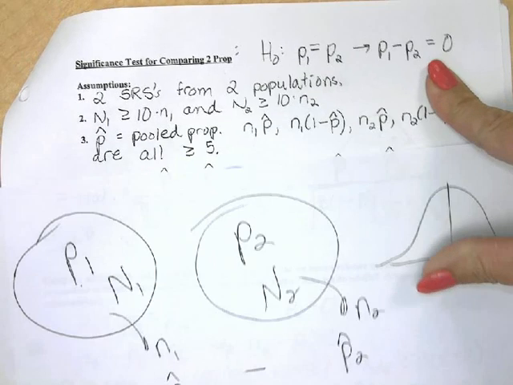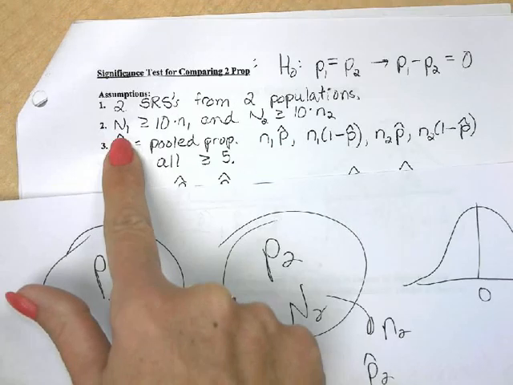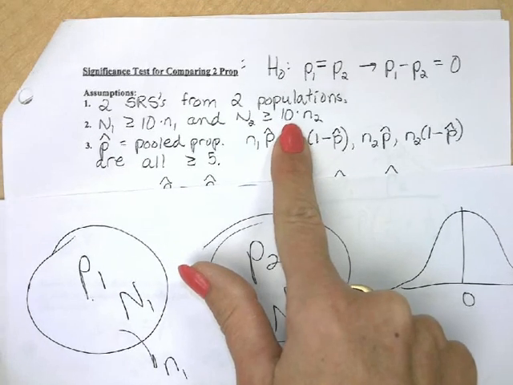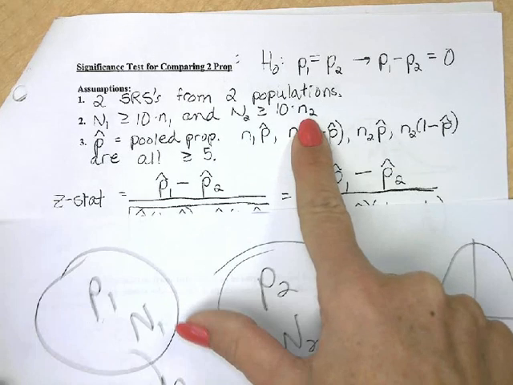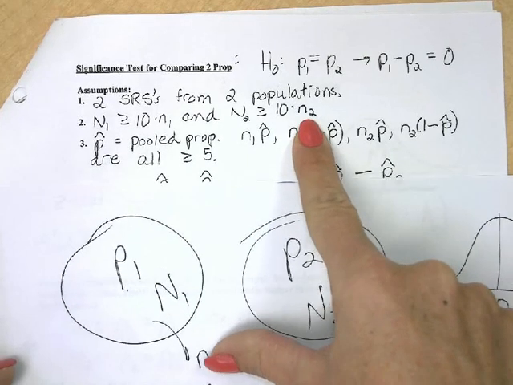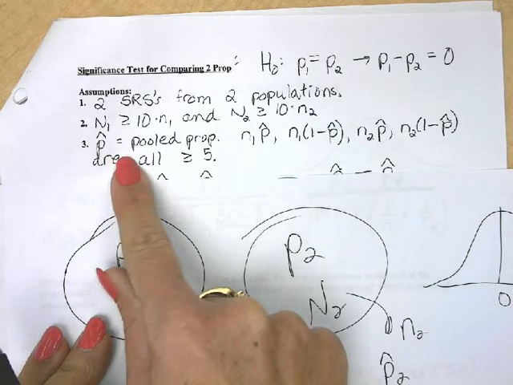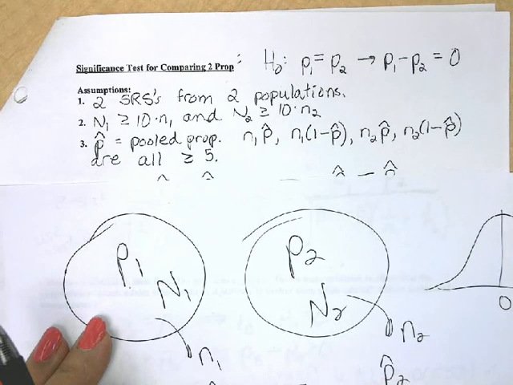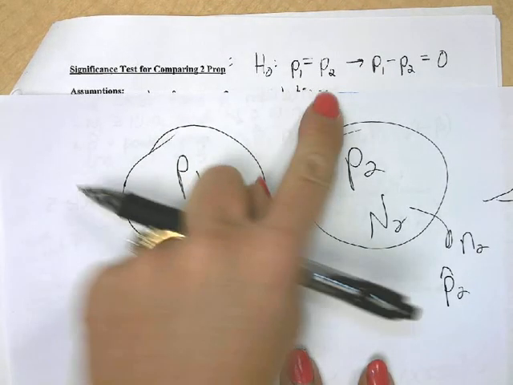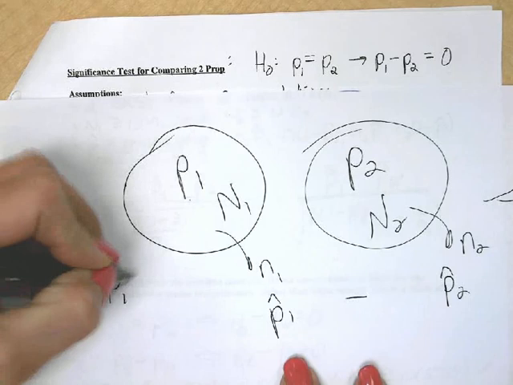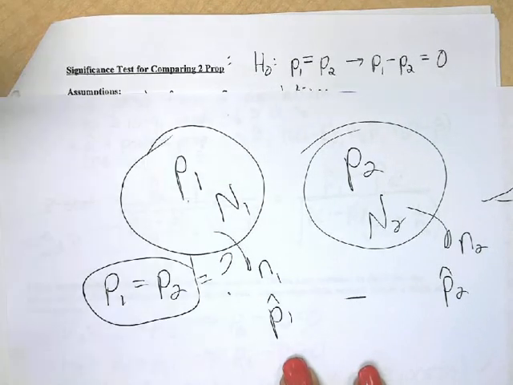Likewise, we would like to have two simple random samples from the two populations. Number 2 is the same as well, so that we can use that standard deviation formula. But this test is slightly different from the previous one. We have a new concept called a pooled p, and let me explain where that comes from. We are going to be assuming that these two numbers are equal, and in order to calculate the standard error, we need to know what these two are equal to.